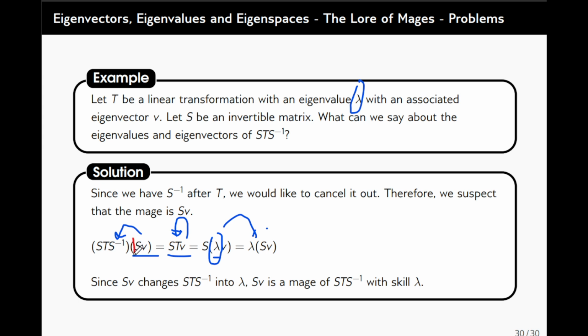This SV is the same as this SV. You thought the S was gone, you thought the mage had died, but he or she doesn't. She's still living right here, and it changes the whole thing to lambda. That's why SV is the mage, the eigenvector of this thing with the skill, or eigenvalue, lambda.